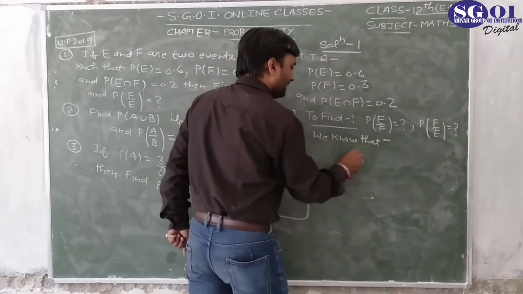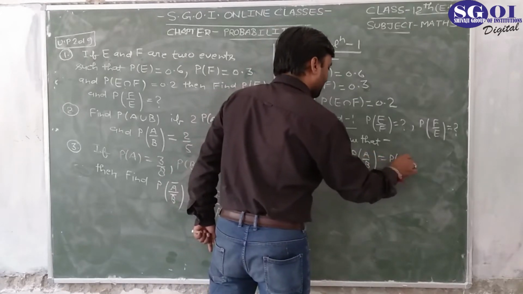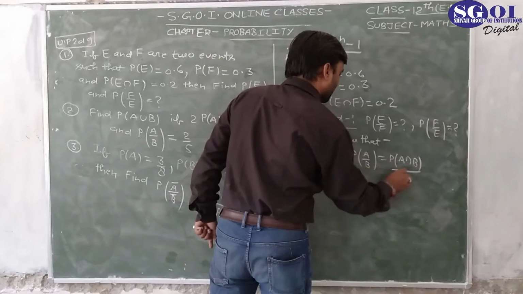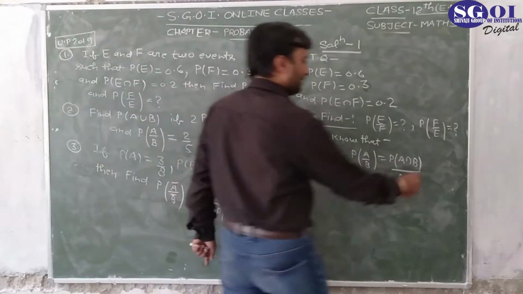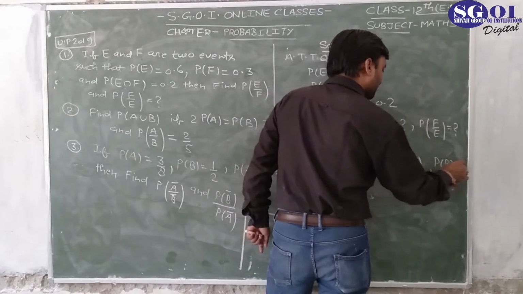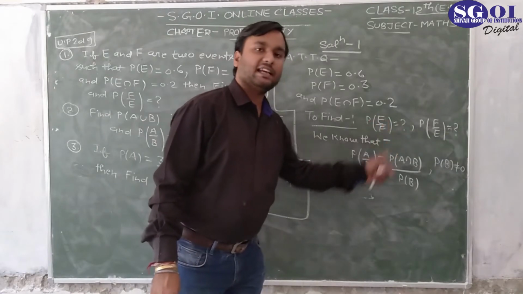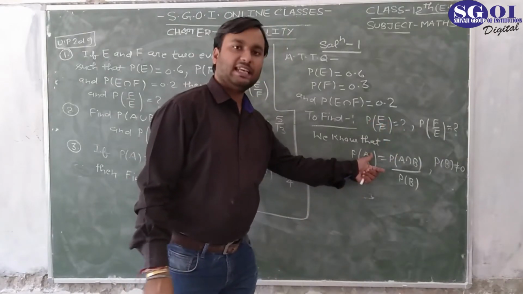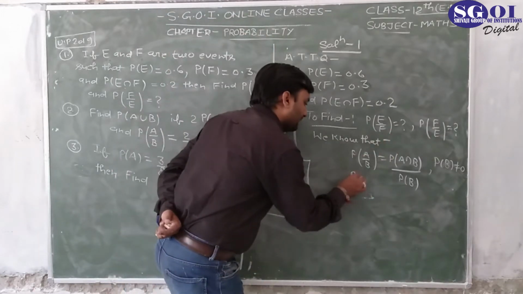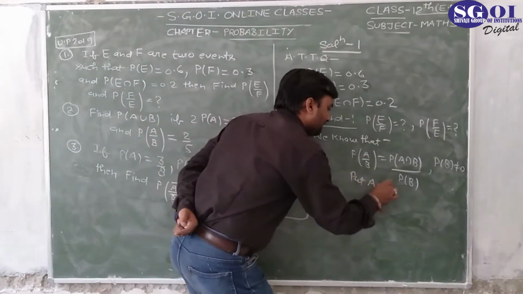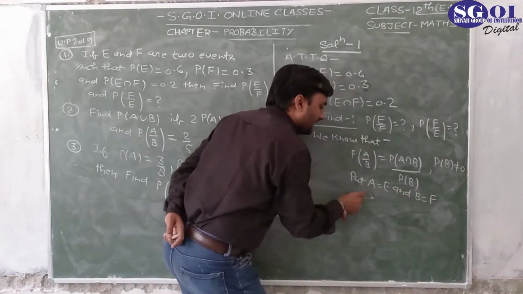We know that probability of A by B is equal to probability of A intersection B upon probability of B, by the definition of conditional probability, where probability of B is not equal to 0. So we have to find probability E by F. That means we replace A by E and B by F. So A is equal to E and B is equal to F. What will we get?